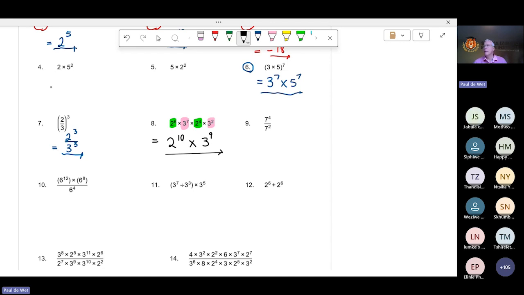Number 4 would be 2 times 5 squared, and what we're testing here is that you know that you do the exponent first. 5 squared would be 25, so we do that first, and then we get an answer of 50. Notice that this is a very different thing to 5 times 2 squared. We do the 2 squared first, and then 5 times 4 is 20. So very different: 5 times 2 squared and 2 times 5 squared give different answers.